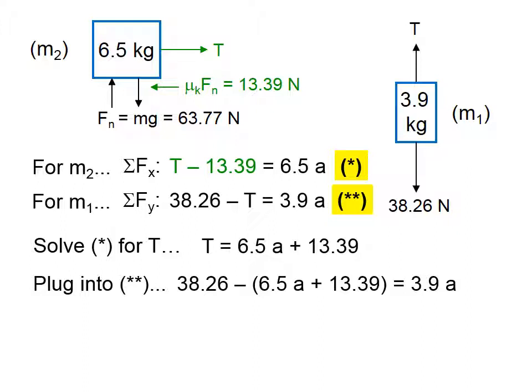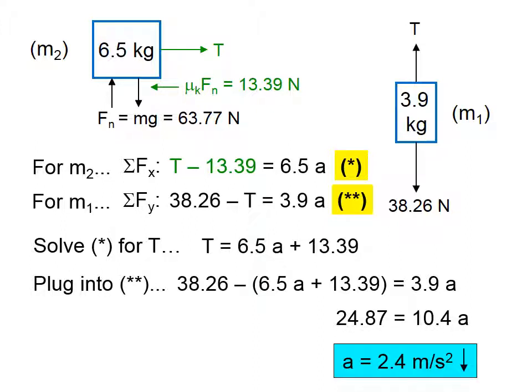Just like that. Notice I've kept that negative sign right there. If we distribute the negative sign correctly, combine like terms, we're going to get this expression, and the acceleration is 2.4 meters per second squared.